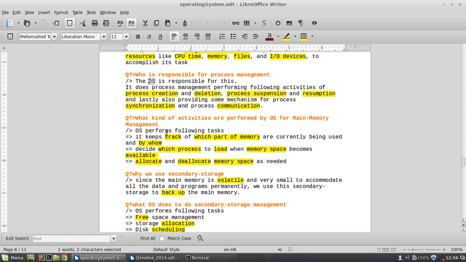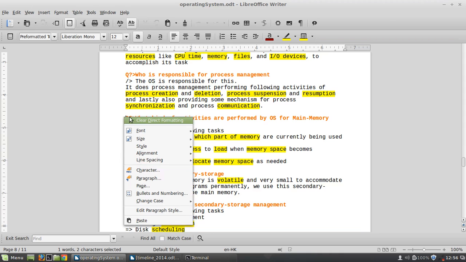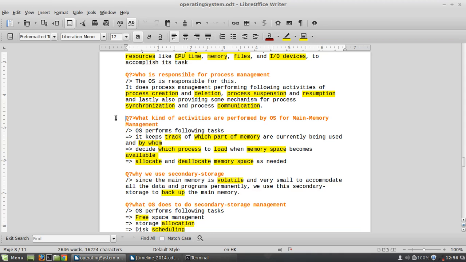So now let's jump to the next question. What activities are performed by the operating system for main memory management? It keeps track of which part of memory is currently being used and by whom.